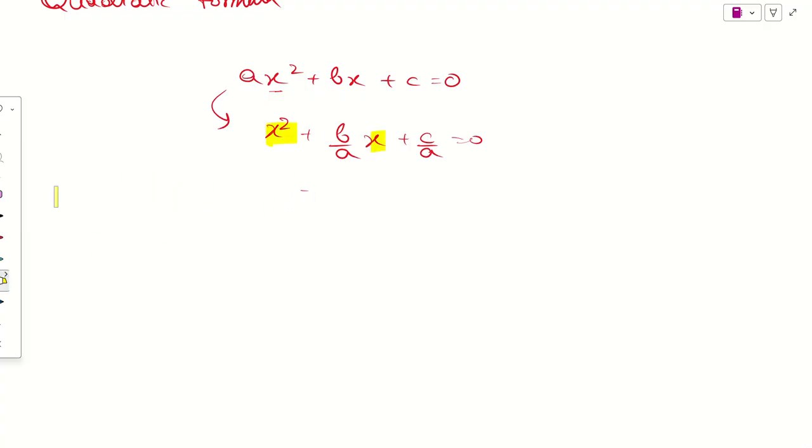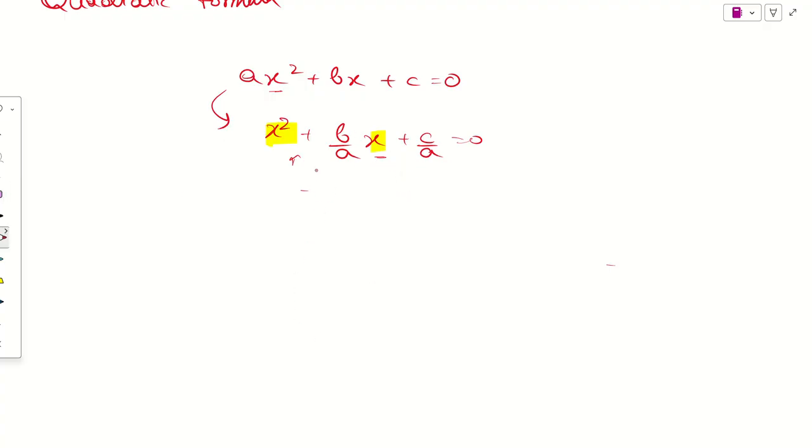If this x term wasn't there, we could easily calculate x. Let's say this x term was not here, so I can easily find the value of x: the square gives you plus minus under root. But because x is present in two forms, x square and x, we cannot separate it directly. So what can we do here?